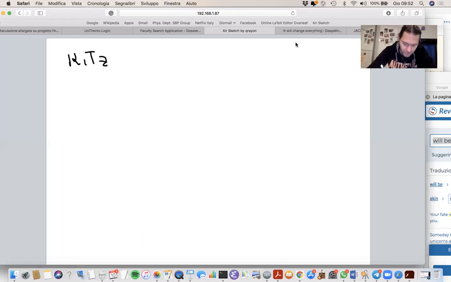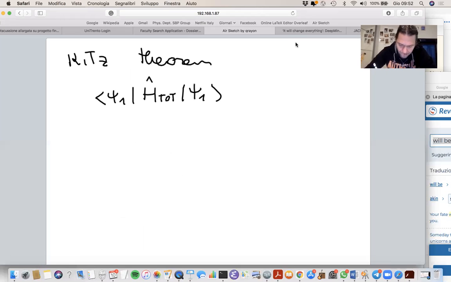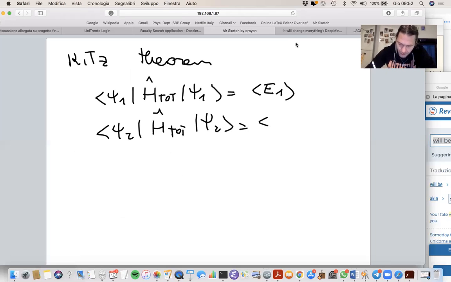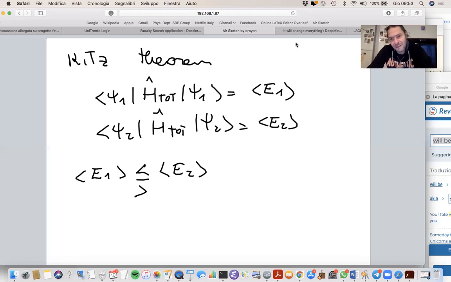Ritz's theorem says that I should evaluate the expectation value of my total Hamiltonian in the first trial state, let's call it E1, and in the second trial state, let's call it E2, and compare them. The one with the least energy would be the best model for my system.